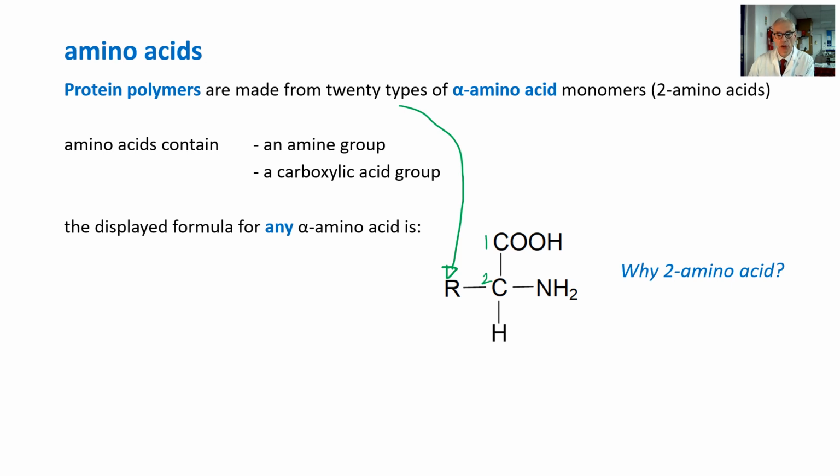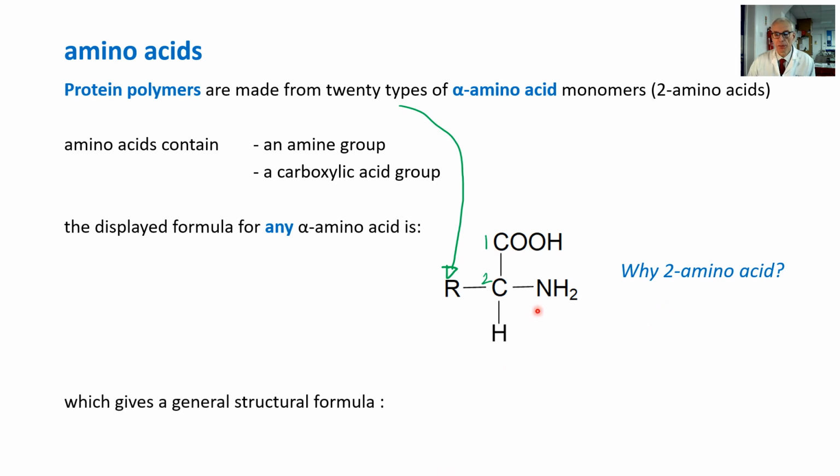But the amino group is always located on carbon number 2, because the carbon of the carboxyl group is always designated as carbon number 1. So carbon number 2 has the amino group attached to it, so they are 2-amino acids.